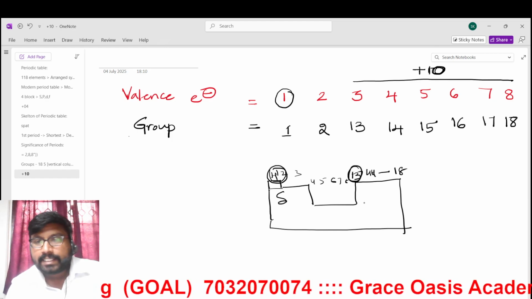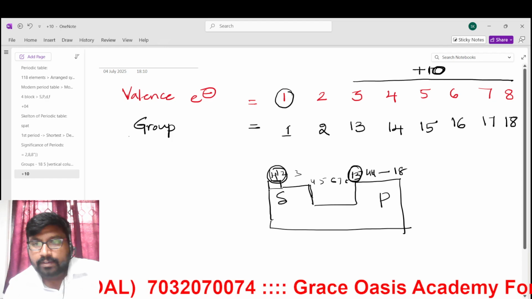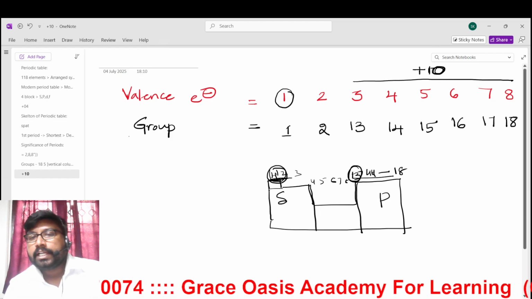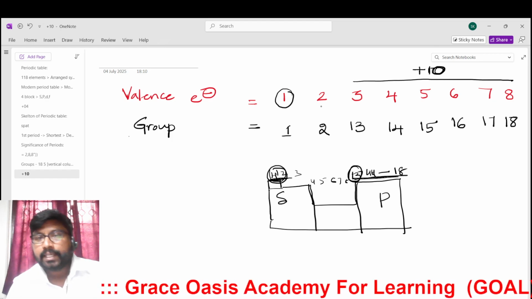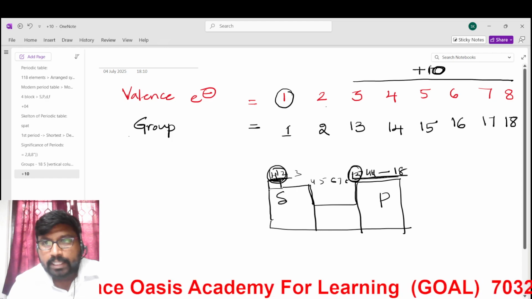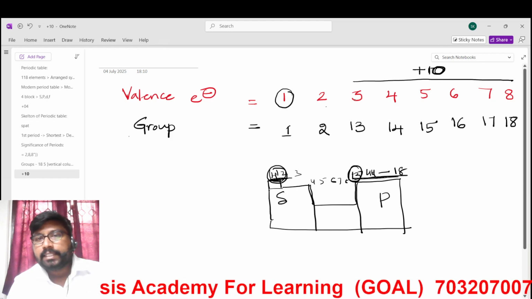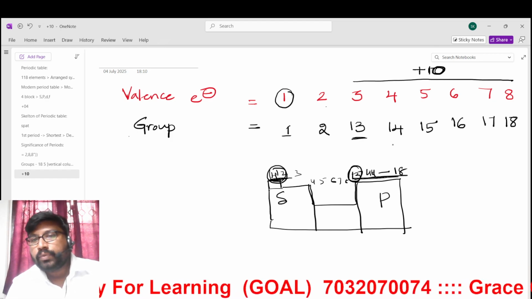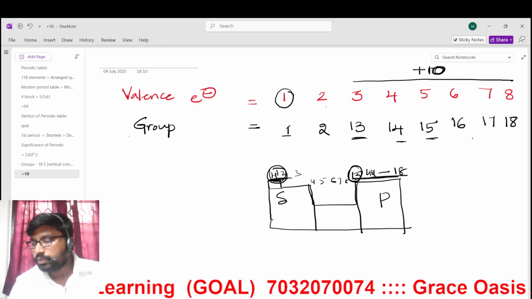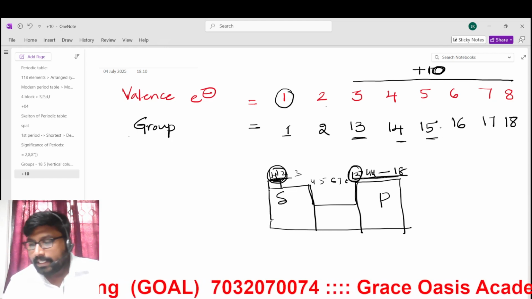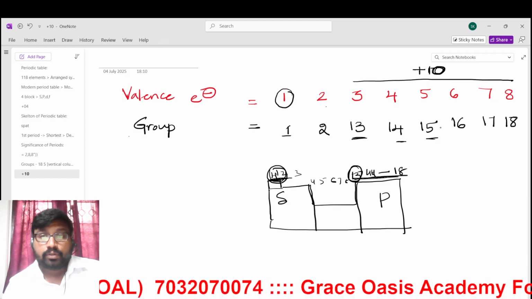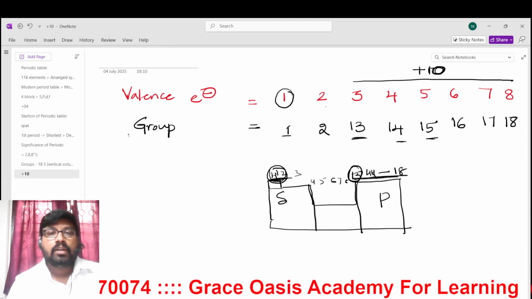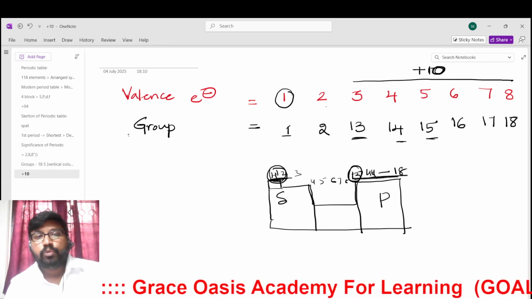We only deal with the s and p blocks, so that's why we are interested in these two: 1, 2 and 13 to 18. So you need to add plus 10. If you have valence electron as 3, you add plus 10 and can easily know which group it belongs to. This is the significance of the valence electrons: with their help, we can say which group an element belongs to.